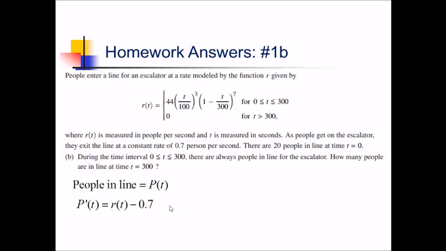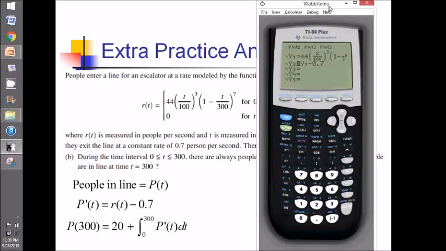To figure out how many people are in line at time 300, I need to take the initial number of people, so I can say p of 300 equals 20 plus the integral from 0 to 300 of this p prime function. I'm integrating the rate of change of people in line, and that gives me the total change in people in line. So I'll need the calculator for this. On the calculator, I've defined y2 as essentially y1, or r of t, minus 0.7.